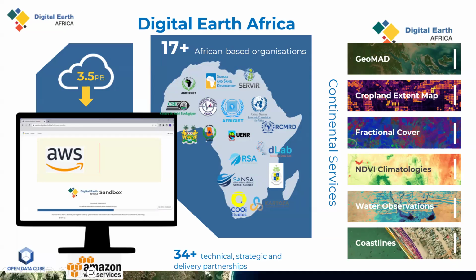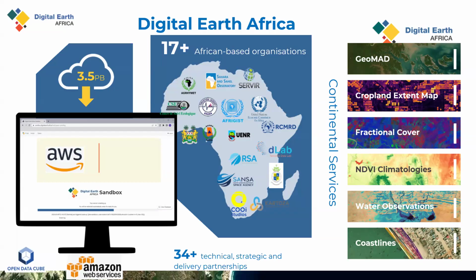So we have a lot of data sets like the GeoMADs. Those are cloud-free mosaics that cover the continent, derived from both Sentinel and Landsat images. Together with our implementing partners, we mapped the crop extent at continental level, the fractional cover, and the climatologies.